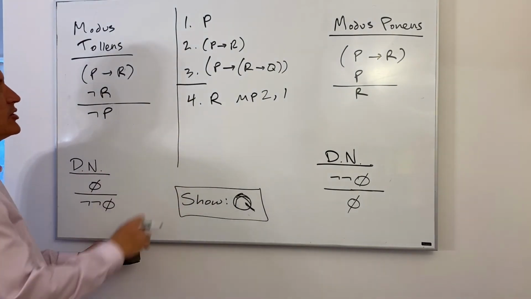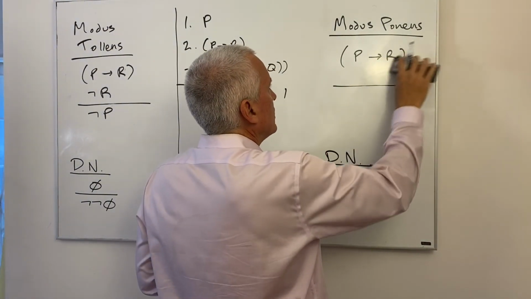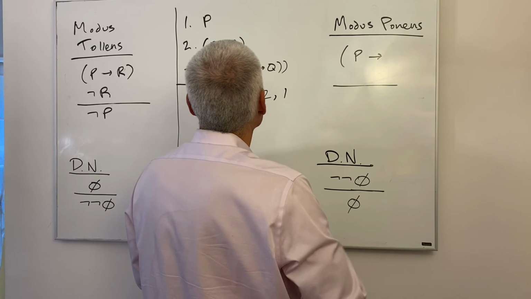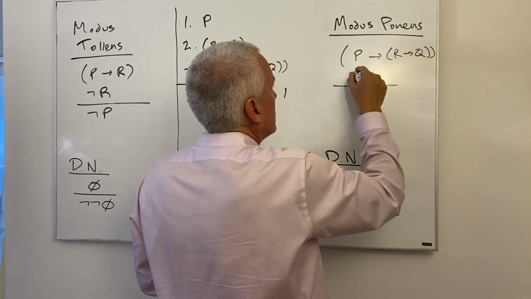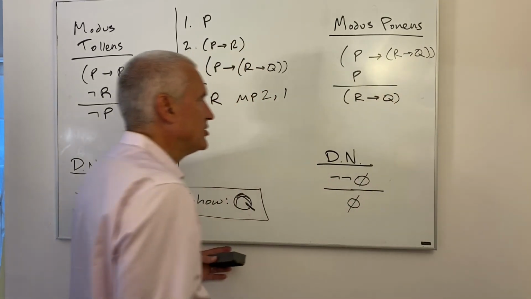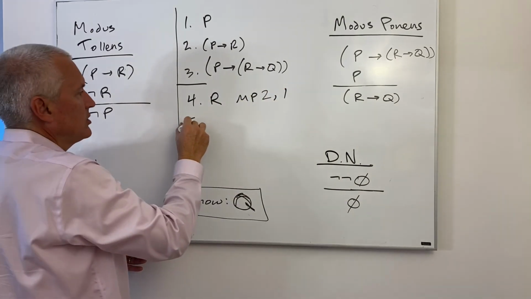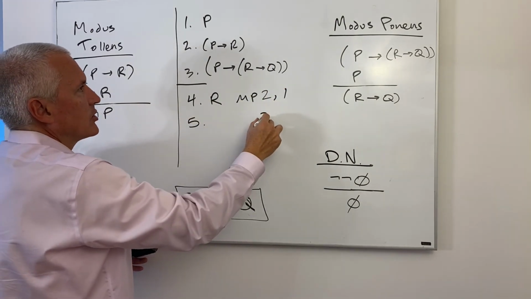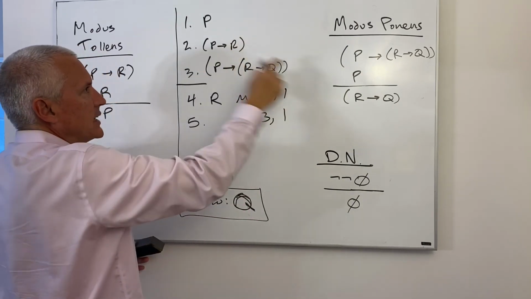What else? What about line 3? Well, what else can I say about line 3? This also is an instance of modus ponens, right? That is an instance of modus ponens. And I should look at that and say, oh yeah, look. On line 3, I have this thing. On line 1, I have this thing.